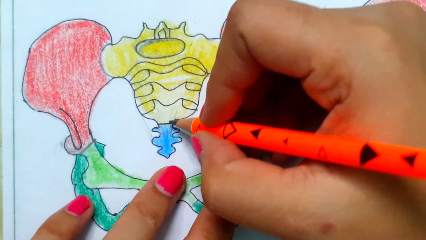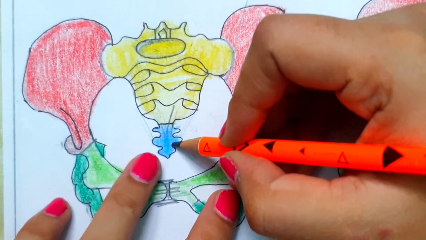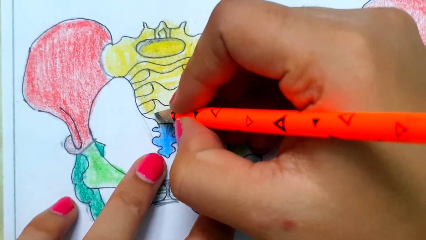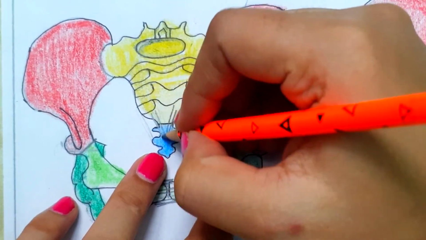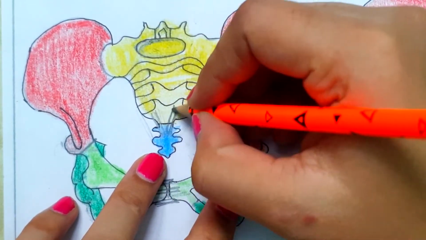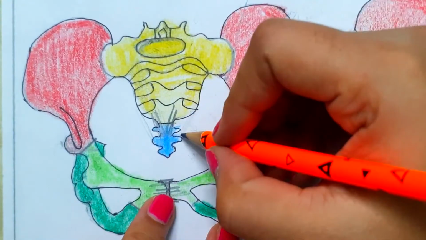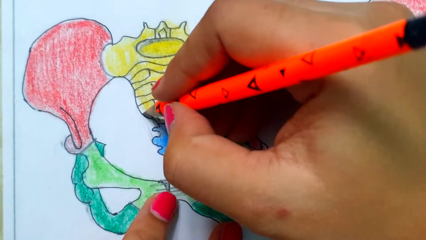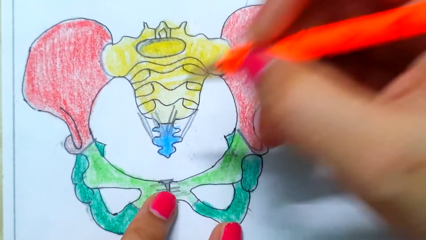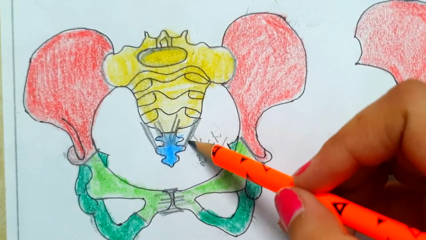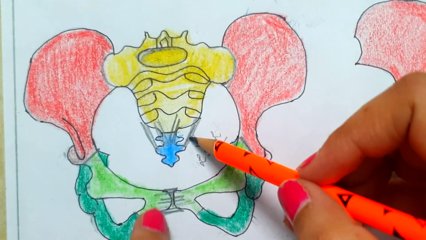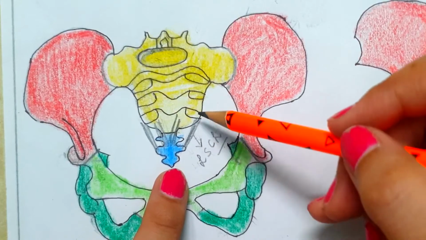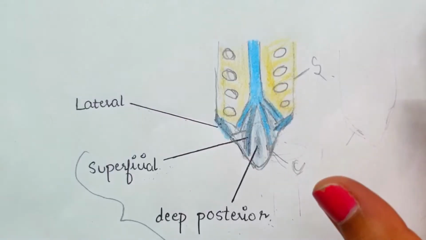Here you can see this is the sacrum, this is the coccyx, and anteriorly the sacrococcygeal ligaments are placed like this. These are the lateral sacrococcygeal ligaments, which connect the sacrum to the coccyx.